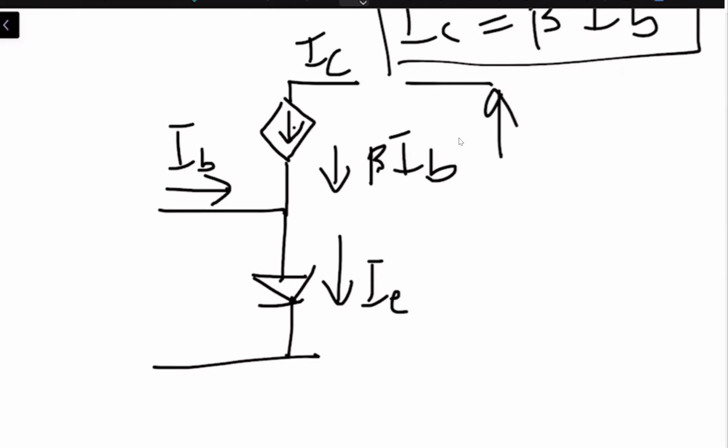This will be equal to our VCE, which is between the collector and emitter junction, right? And this is VBE, which is our input side. This is positive, this is negative. Similarly, this is positive, this is negative, over here.